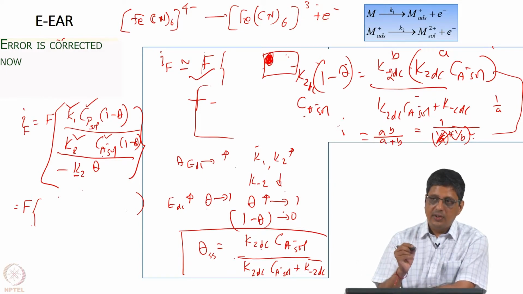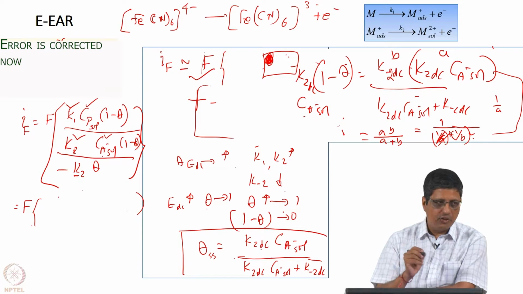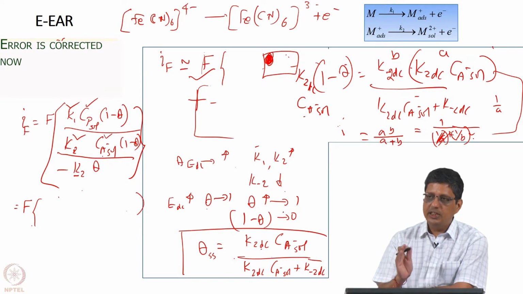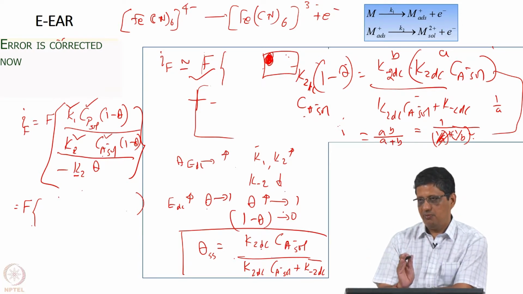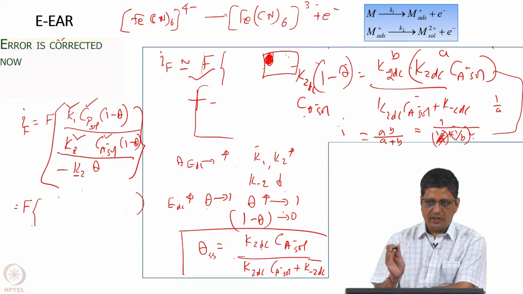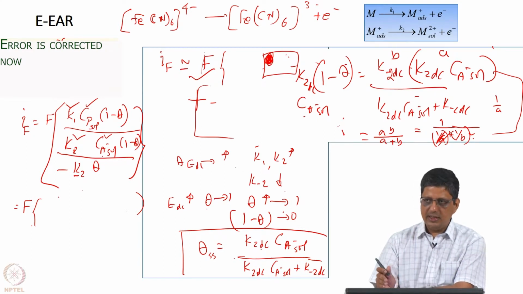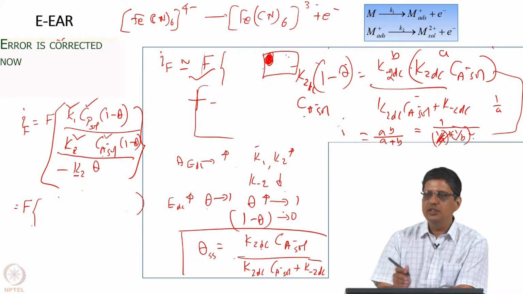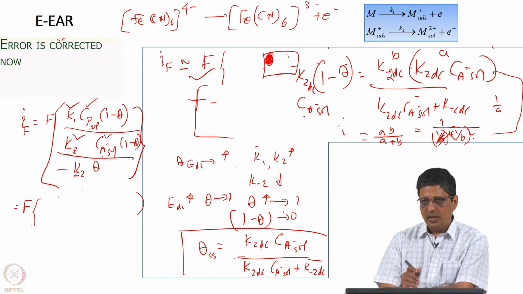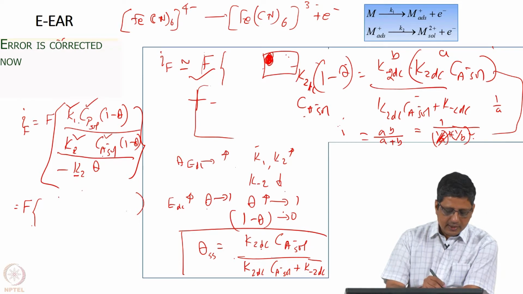We are not saying that any small change in potential from any value will give this. When potential is very large, K1 dc is going to be very large, K2 is going to be very large and K minus 2 dc is going to be very small. Under those conditions, we are showing that the surface is fully covered by adsorbed species.